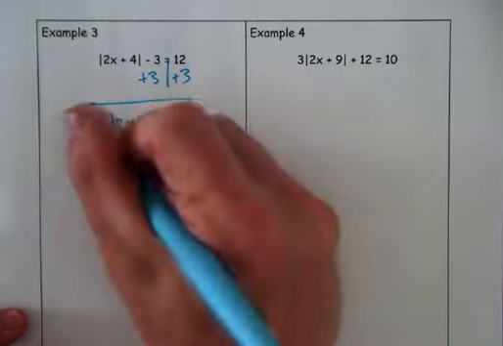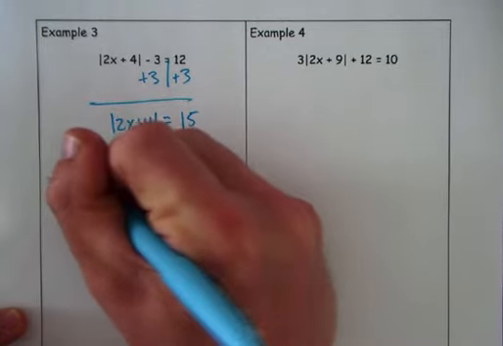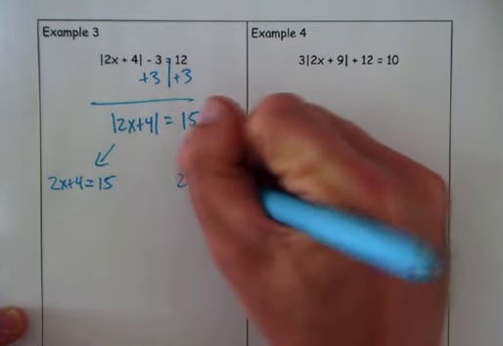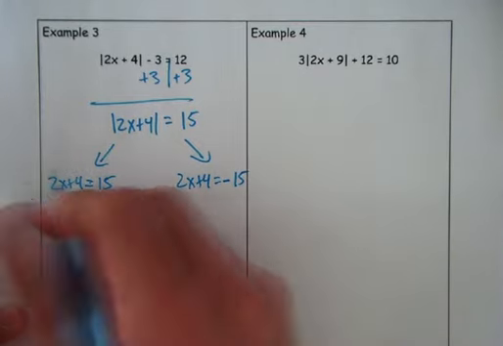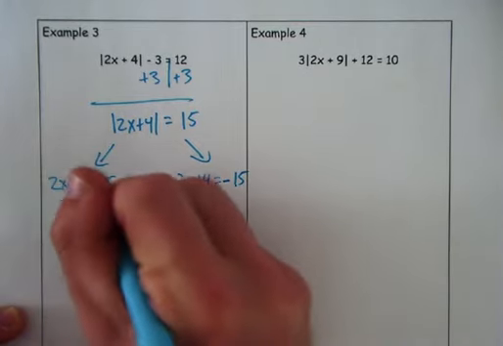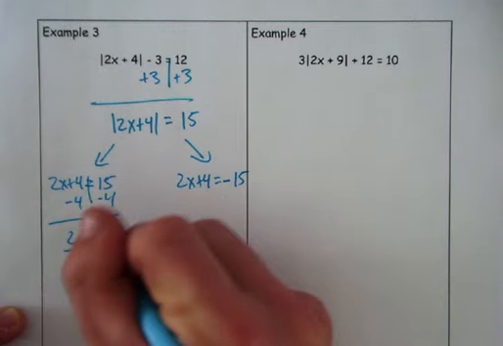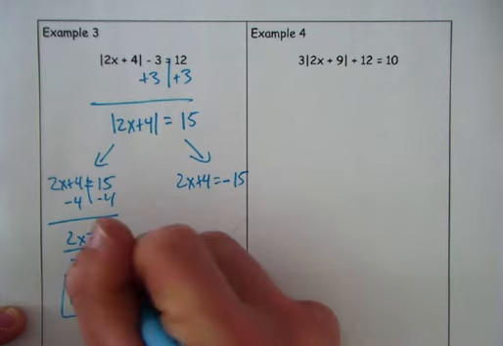Now we're going to set 2x plus 4 equal to positive 15, and 2x plus 4 equal to negative 15. Solve those separately. 2x plus 4 equals 15. Subtract 4. 2x equals 11. Divide by 2. X equals 11 halves. That's one of our solutions.